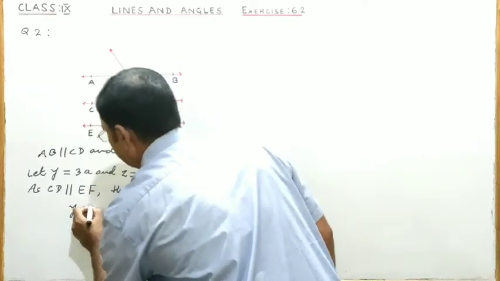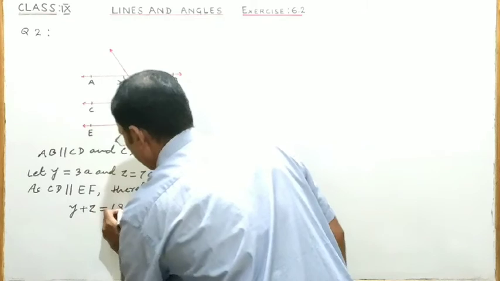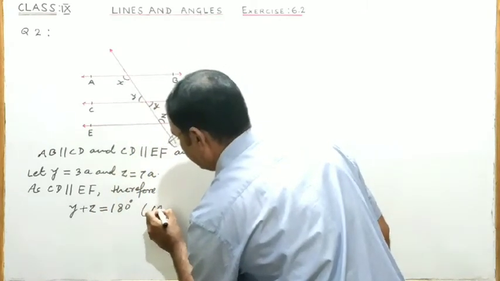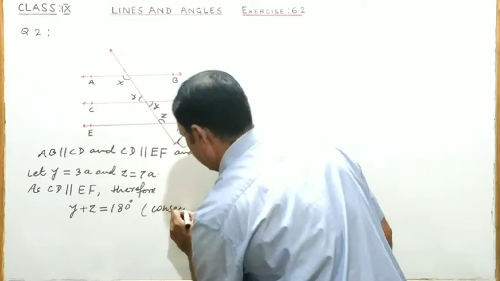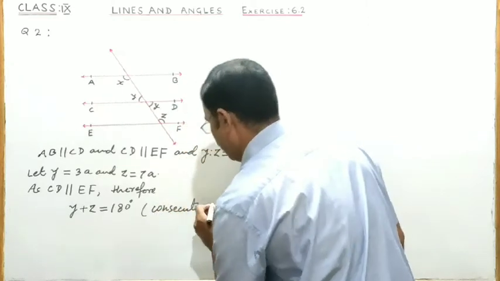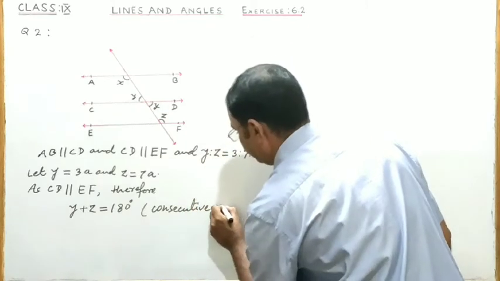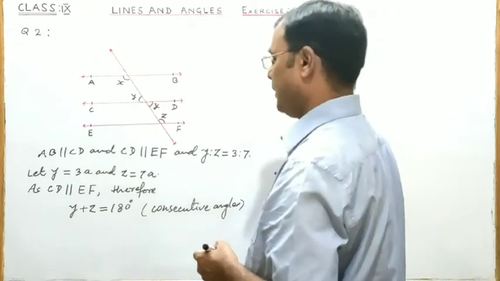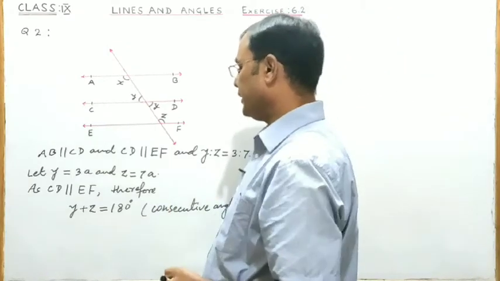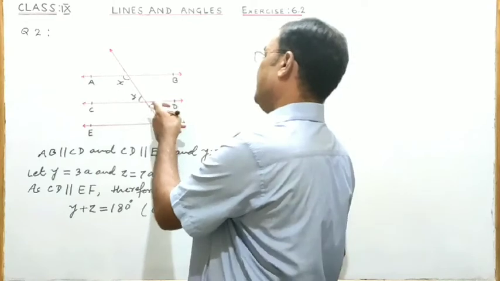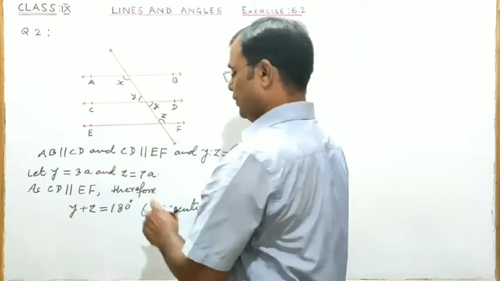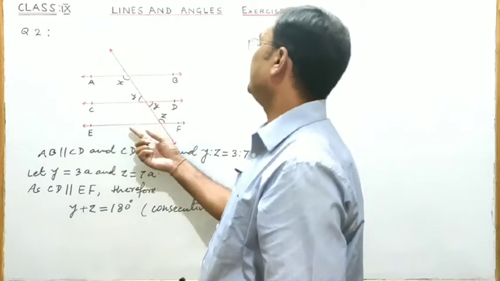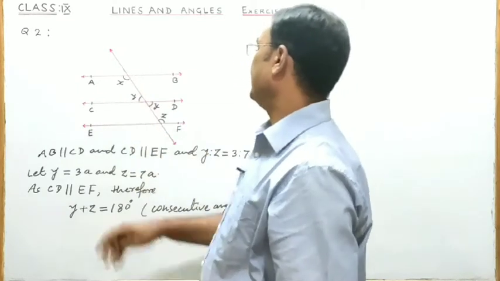Y plus Z is equal to 180 degrees because they form consecutive pair of angles, and consecutive pair of angles are always supplementary angles. So angle Y plus angle Z is equal to 180 degrees because CD is parallel to EF intersected by a transversal.